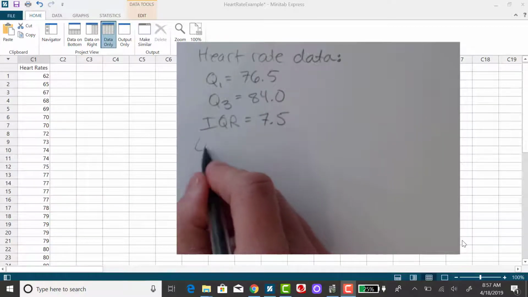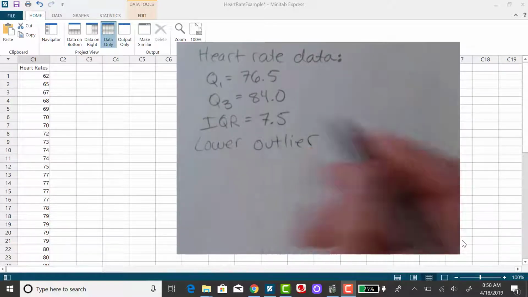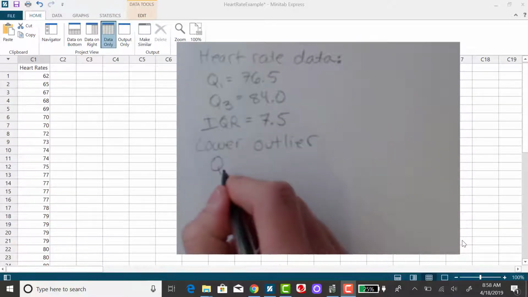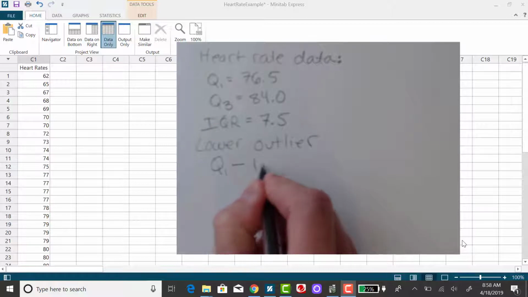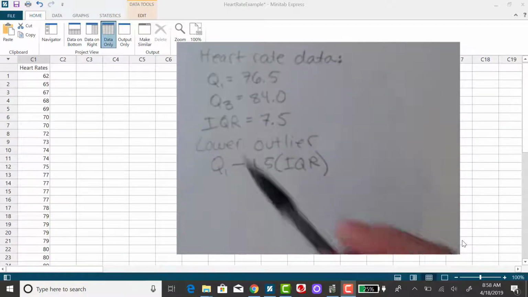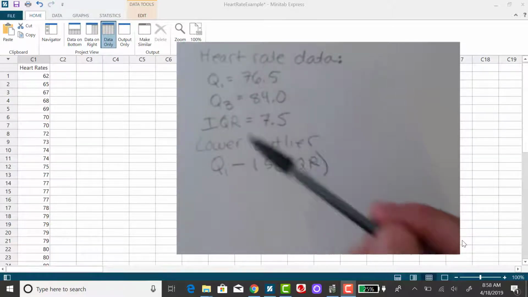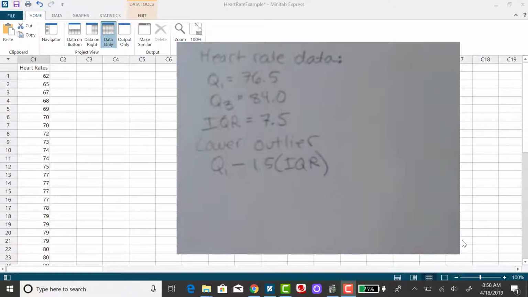So for a lower outlier, I'm going to take the first quartile and subtract 1.5 times the IQR. So for my previous example, I found the quartiles, and for this I just need the first and third.